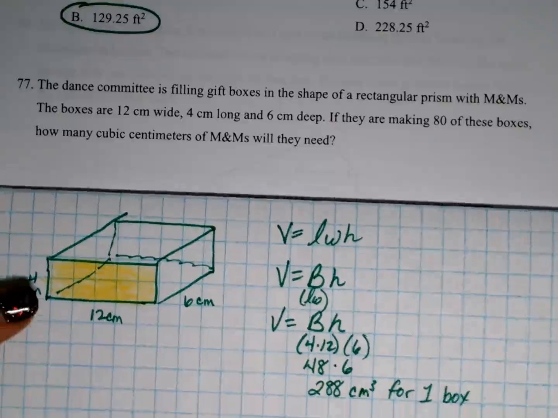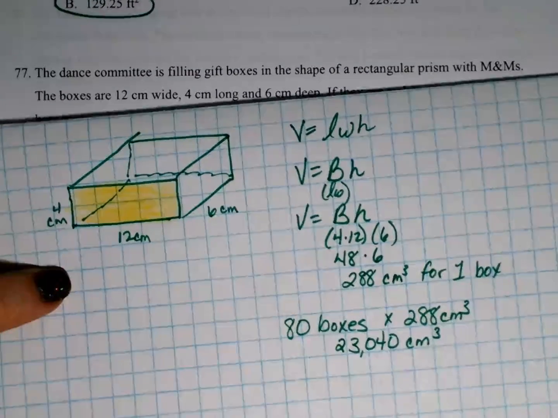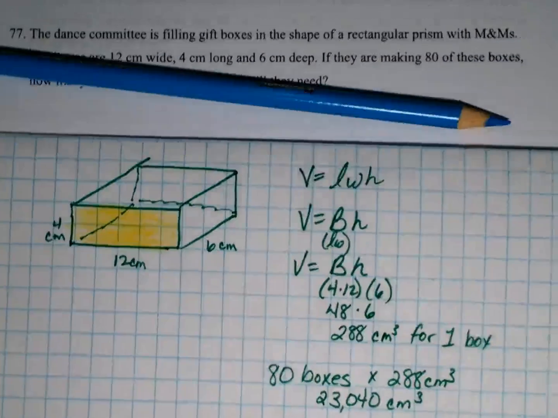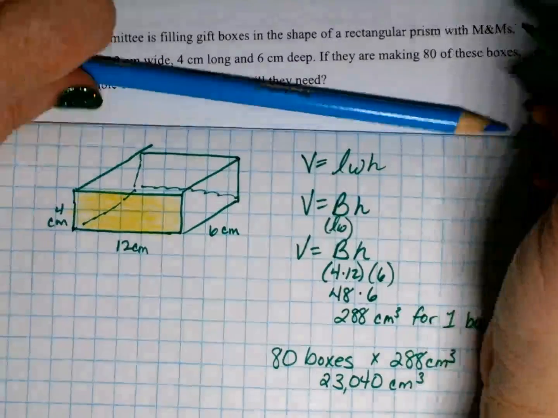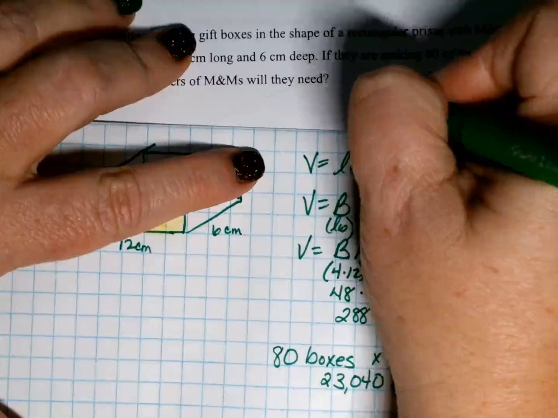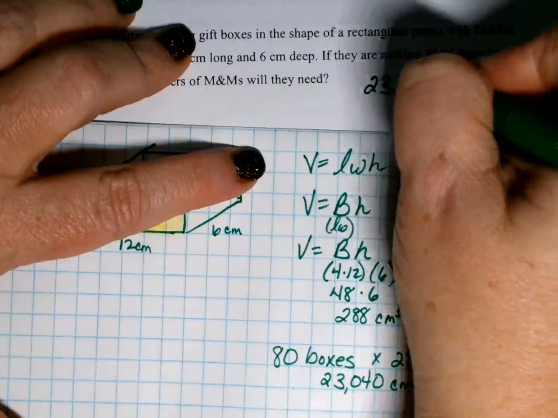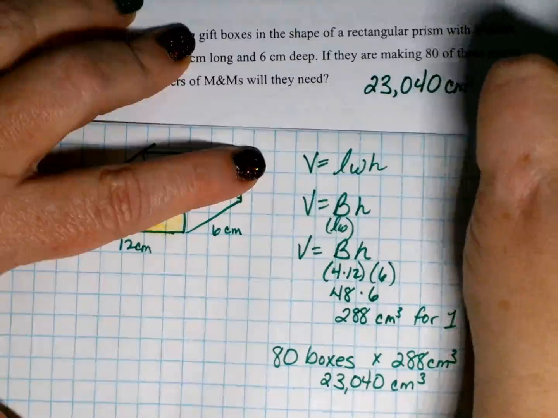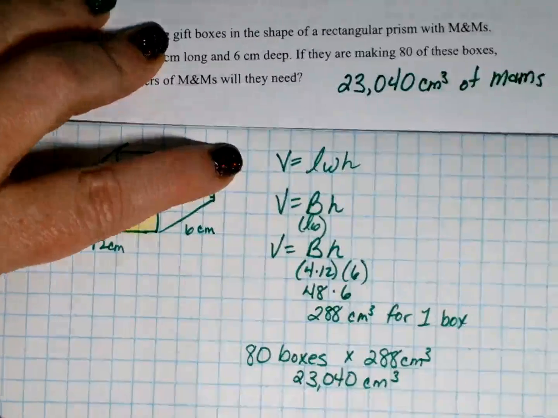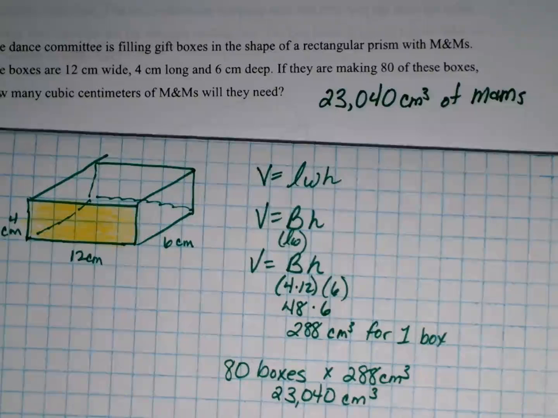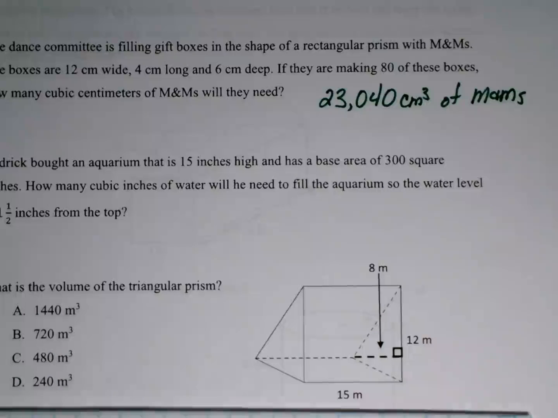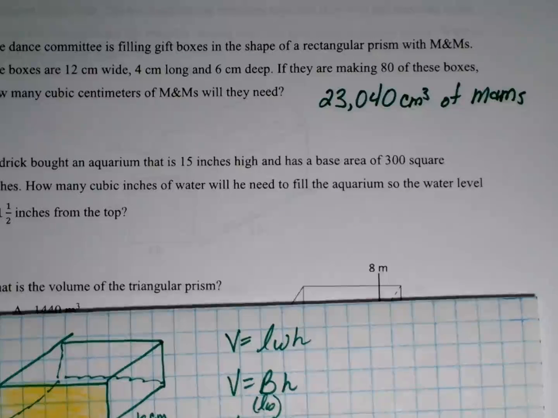All right. So my answer for this problem that I'll come up here and put is, get out of the way, 23,040 cubic centimeters of M&Ms. That's what they need. Why couldn't it be 80 boxes with 22,040?